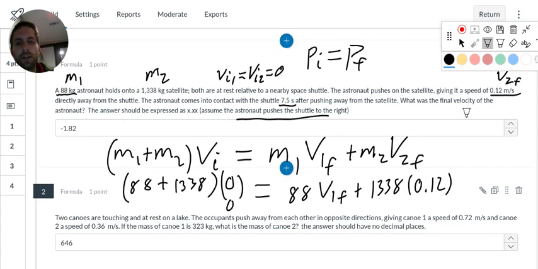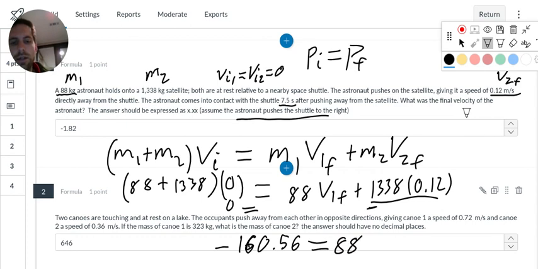So 0 over here is going to equal whatever this is. Then I'm going to have to subtract this expression. I'm going to subtract 1338 times 0.12 from both sides. I will get negative 160.56 equals 88 V1 final.